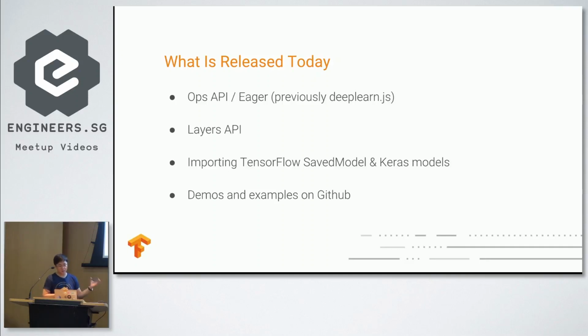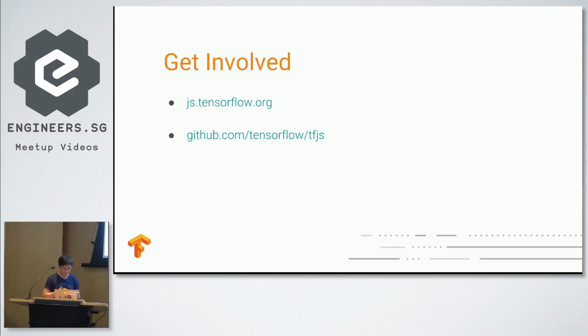And you can import TensorFlow SavedModel or Keras models directly to your web browser. And there are tons of demos and examples. All the stuff I show here, you should be able to find code somewhere in the tutorials in the documentation that they have. And if you're interested, js.tensorflow.org, you can find everything about Tensorflow.js, and that's the GitHub where you can find all the code.